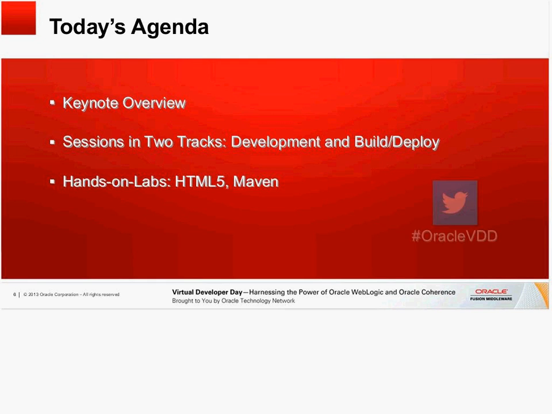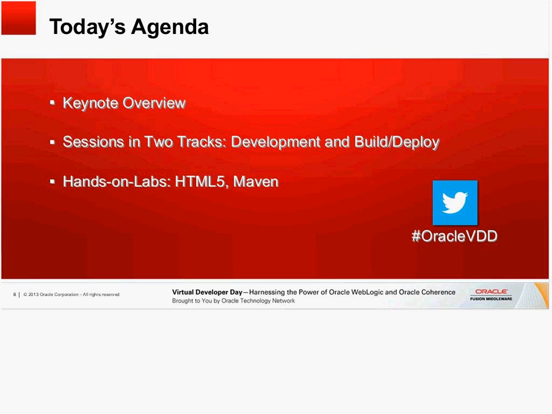So here's where we are in terms of what I will take you through, as well as the map of the Virtual Developer Day event itself. So you're in the keynote right now. There are going to be sessions in two tracks, one on development and one on build and deploy. So you'll have to work with the products in each of these two tracks.